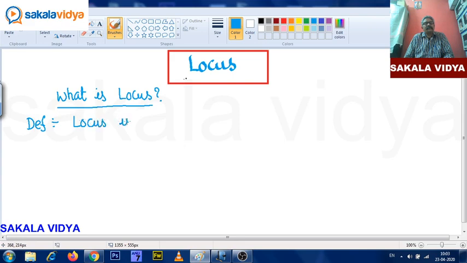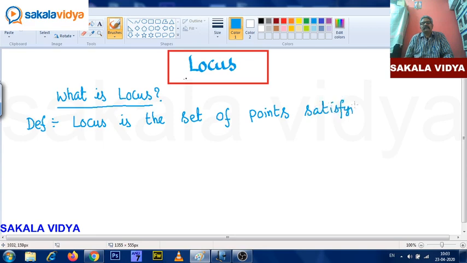Locus is the set of points satisfying one or two geometrical conditions, or better you can say, geometrical conditions.